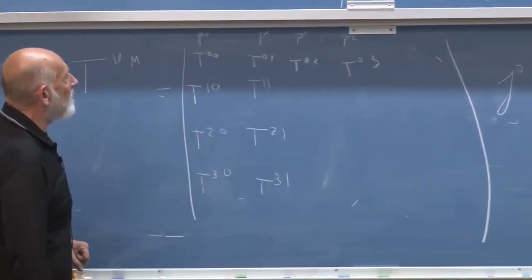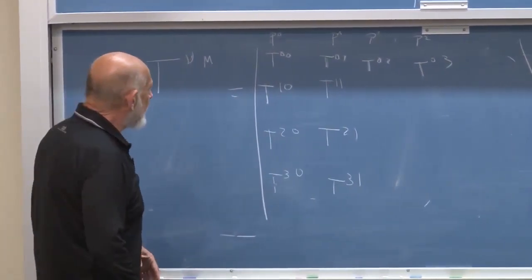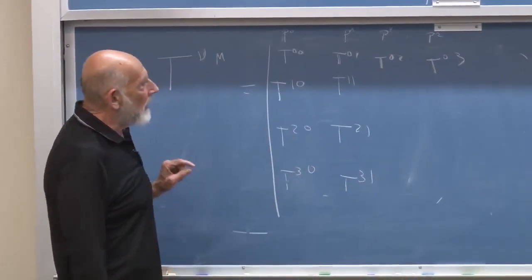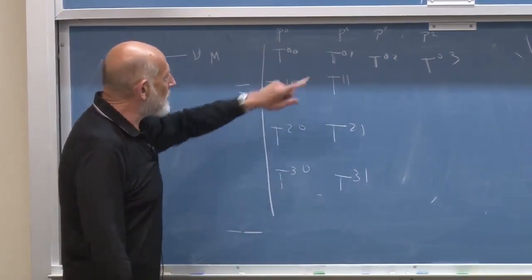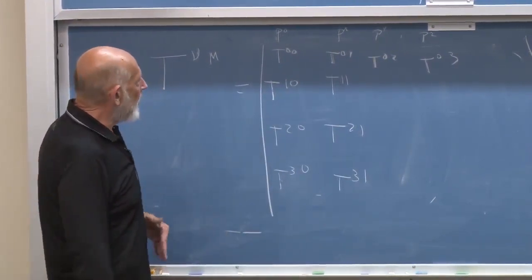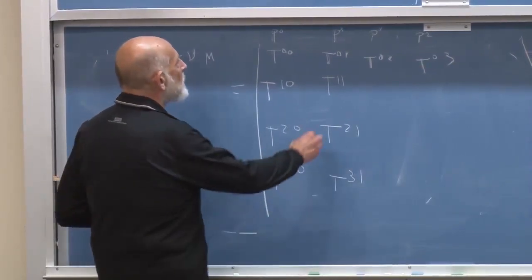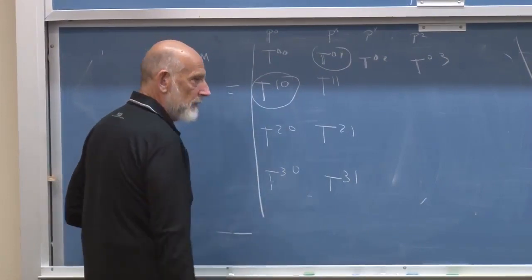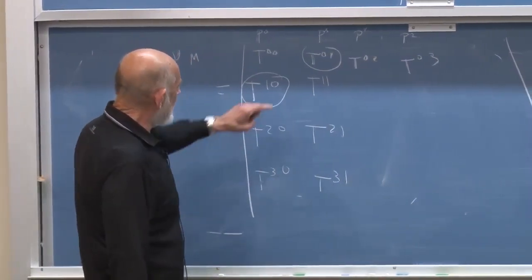This whole thing forms a tensor. It's not obvious that it forms a tensor, but it does. And what is more, it forms a symmetric tensor. Now, this is not something I'm going to prove tonight. It forms a symmetric tensor, which means that T naught 1 is the same as T1 naught. Let's think about what that says.